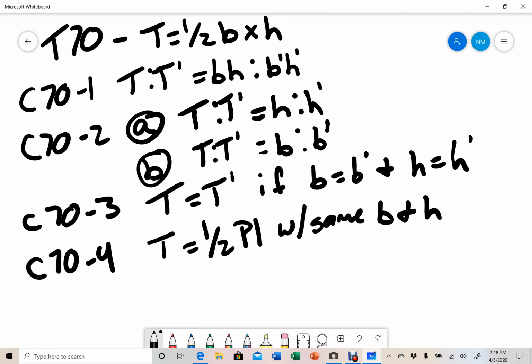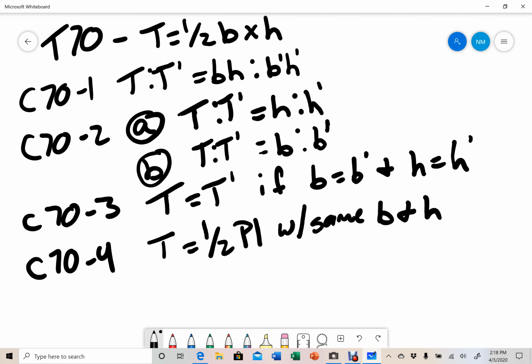So that is how that works. The triangle is basically half of a parallelogram, and it has the same base and the same altitude. All right, so those are our corollaries and theorems dealing with area of a triangle.